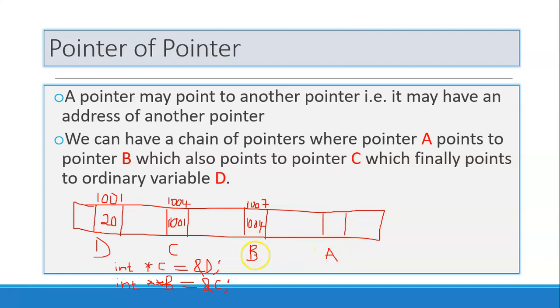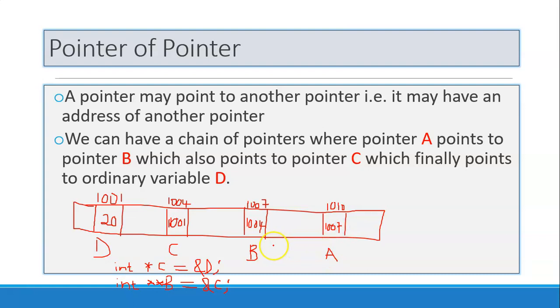Okay, so let's see a. If a is pointing to b, our a, let's assume, is on address 101010. Our a will have the address of b, which is 1007.